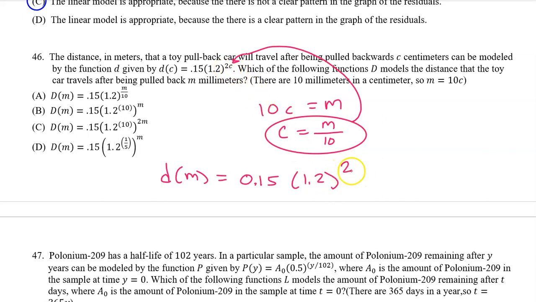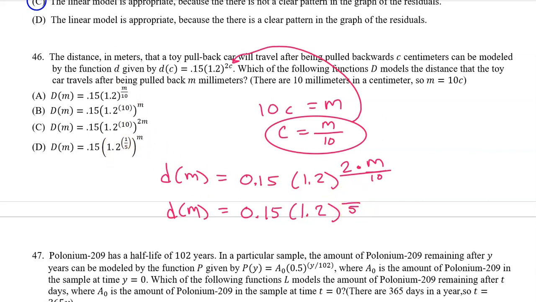So this is going to be 2 times, and instead of c, I'm going to write m over 10. So basically this is 2m over 10. You can see that this is going to reduce. 2 goes into 10 5 times. So m over 5, this is the same as 1/5 m.